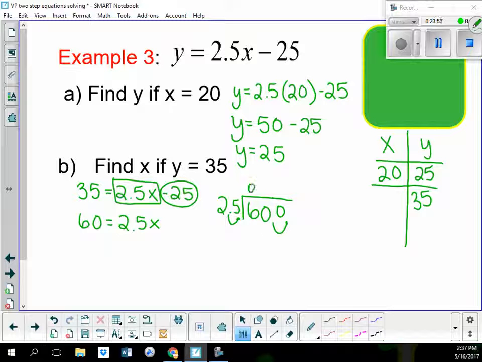Awesome! Subtract, I have 10 left over. And how many times does 25 go into 100? 4, and that's 100. And we'll subtract. So what we know is that 24 is equal to x.